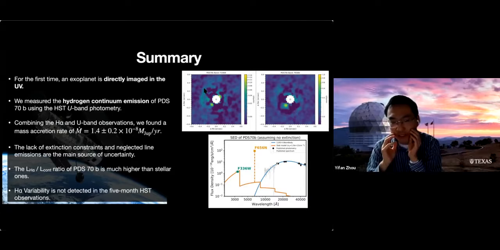So I need to think more carefully or read more to see what the theoretical case would be for a circumplanetary disk to produce such an emission. Yeah, I'm not sure about the answer to this question.